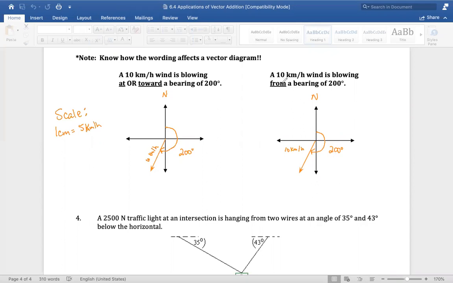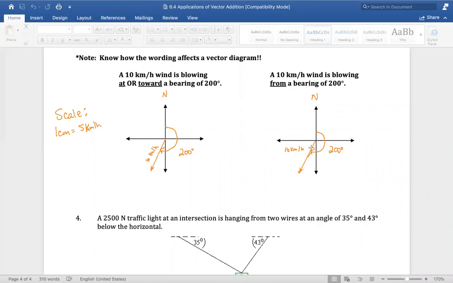Now, when I'm going from a bearing of 200 degrees, it's going in the opposite direction. It's coming from this direction here and continuing on this way. So what I want to do is extend my vector and basically draw in an opposite vector.